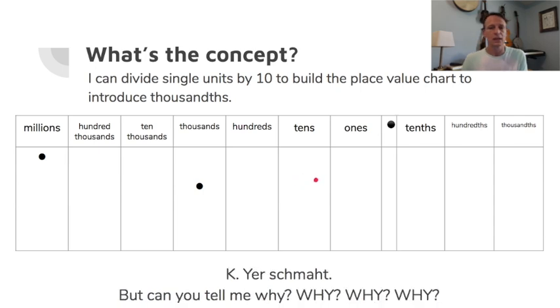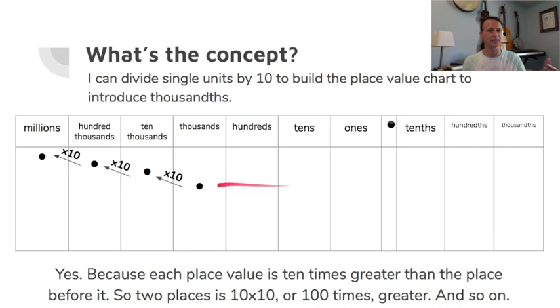Very good. Can you tell me why? Well, we kind of discussed it here, but we're doing 10 times 10 times 10. So 2 places is 10 times 10, 100 times greater, times 10 is 1,000 times greater. If we went another place, 4 places, 10 to the 4th, it would be 10 times 10 times 10 times 10, which is 10,000, and so on. Let's not do that.